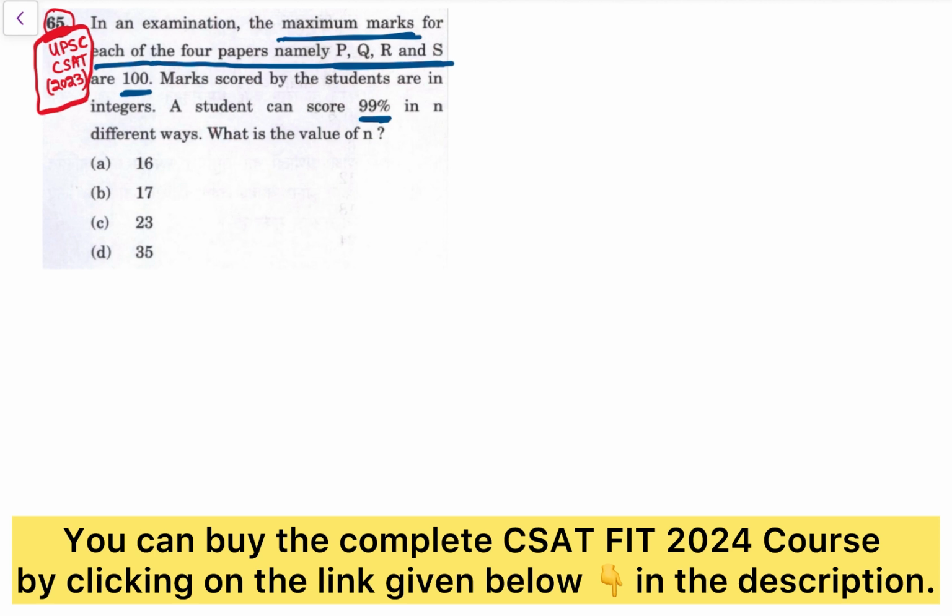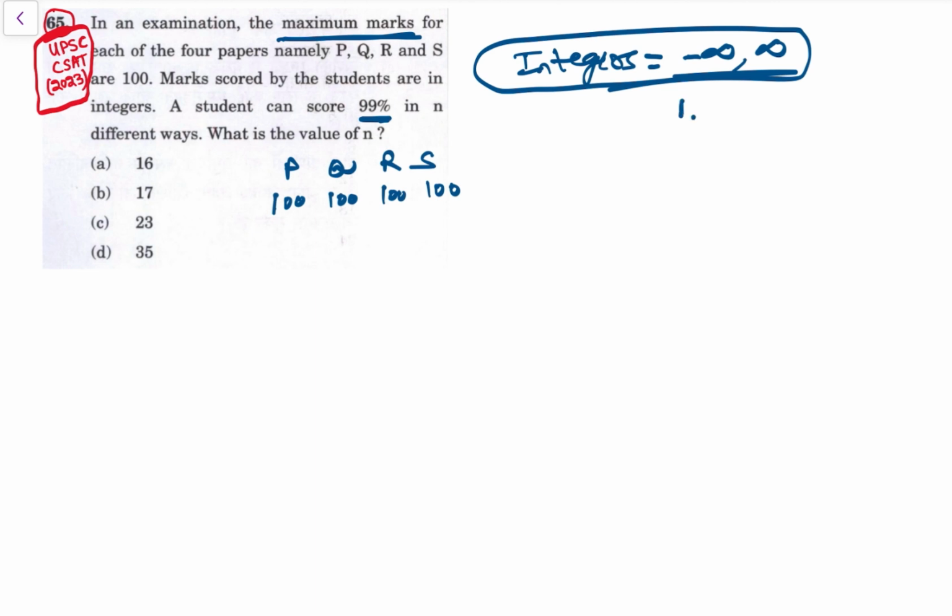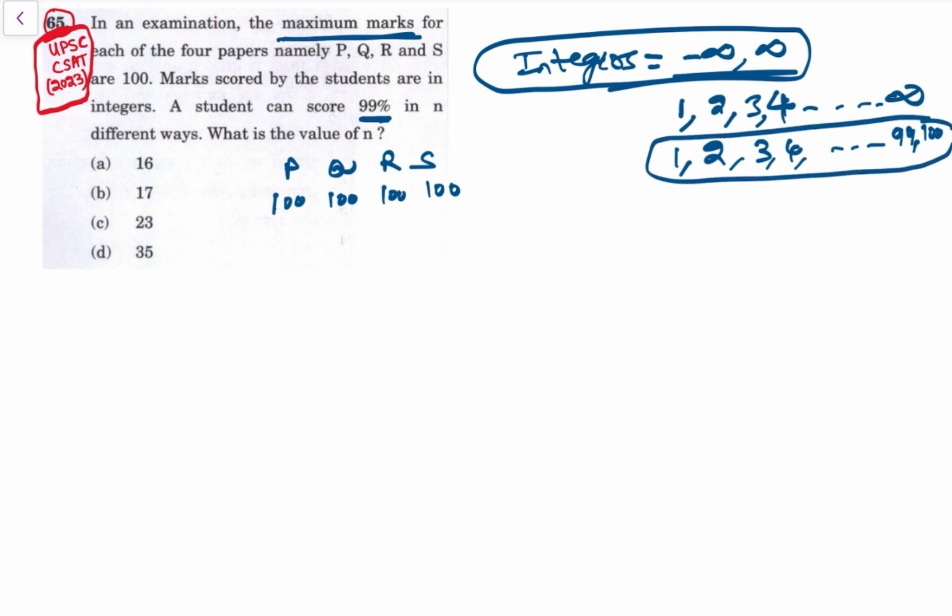So the maximum marks is 100, 100, 100, 100, each of the 4 papers. Marks scored by students are integers. Integers are minus infinity to infinity, but marks can't be negative, so that would be from 1, 2, 3, 4 and so on. Since the maximum is 100, marks scored can be 3, 4 till 99 and 100. More than 100 is not possible, so 98, 99, 97 and so on, up to 100. These are the marks scored by students.